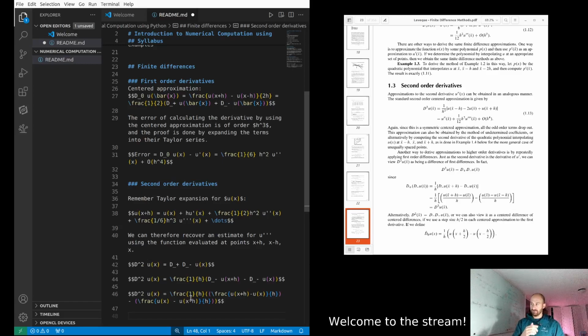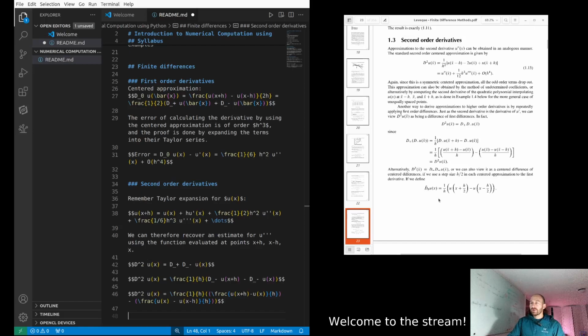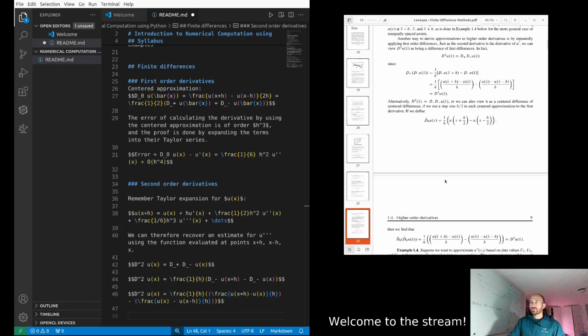the second derivative, we're going to call it D2 of u of x, and it can be proven that when you actually expand it a little bit, let me see.